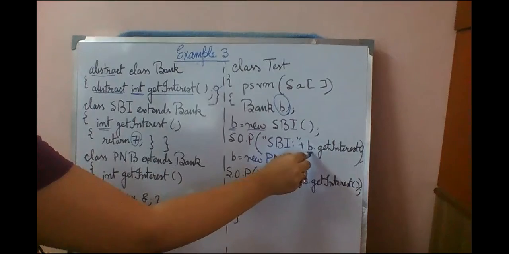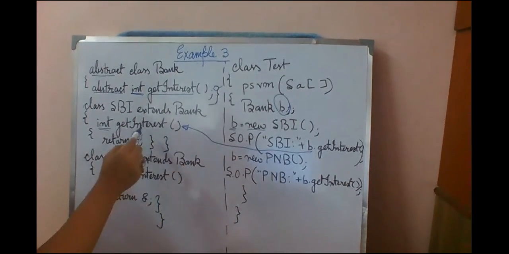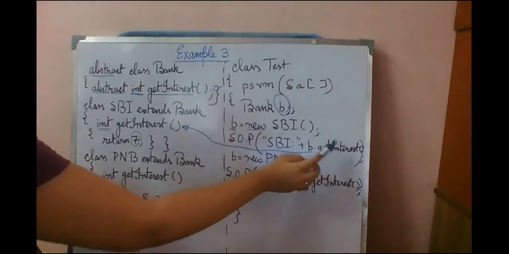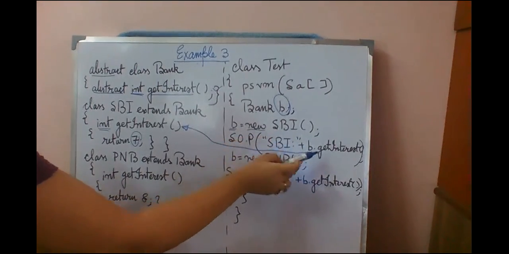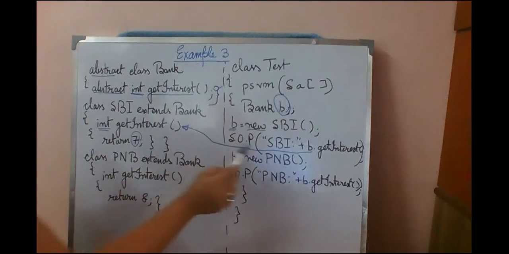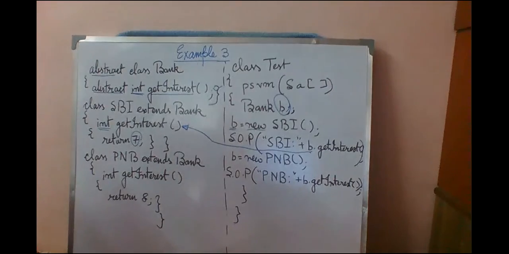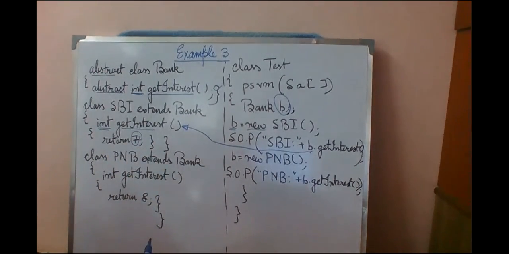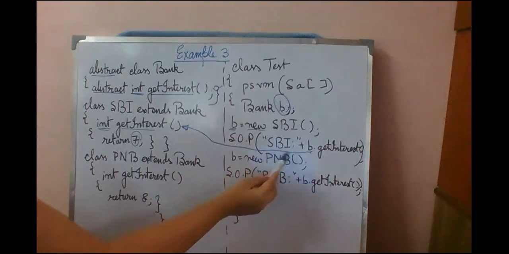What will B dot getInterest do? It will point to the getInterest method that has been defined under SBI, because when the control comes to this line, it moves to this particular getInterest, since B has been created using the default constructor of the SBI class. So obviously the getInterest method defined inside the SBI class will be called, and we get an output of 7. So SBI 7 should be the output.